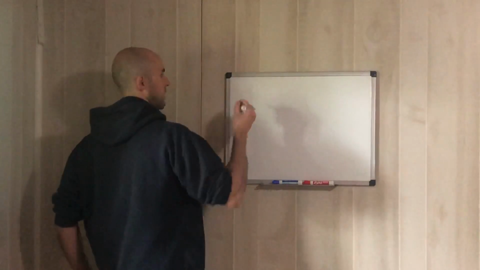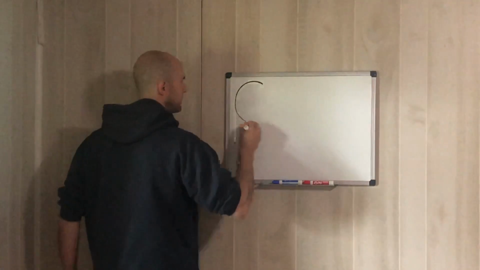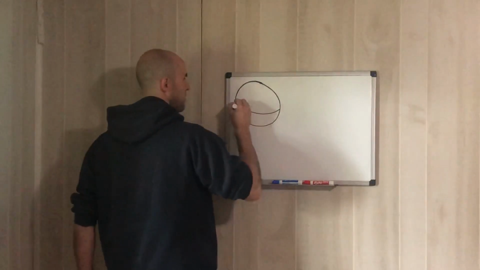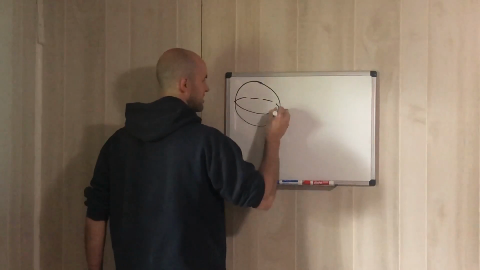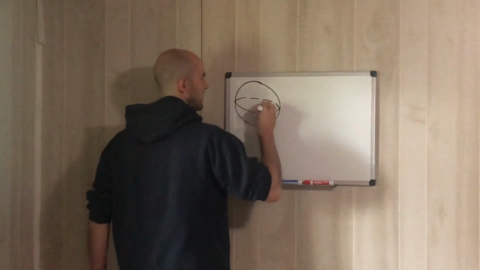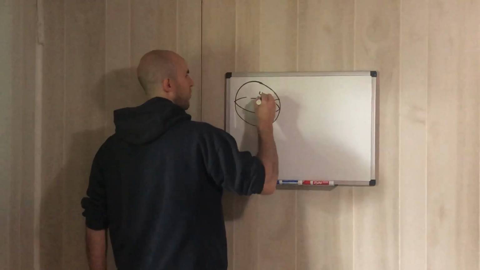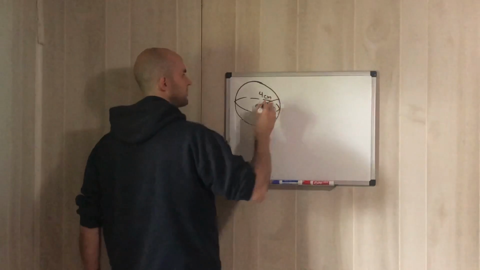So, okay, let's say we have a sphere, right? We have a sphere right there. And the only measurement that we're going to have for this sphere is going to be the radius, right? So let's say that the radius of this sphere is going to end up being 4 centimeters, right?